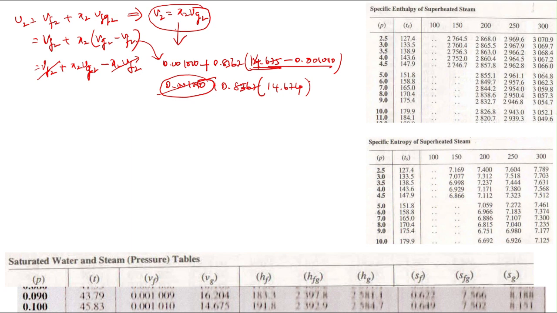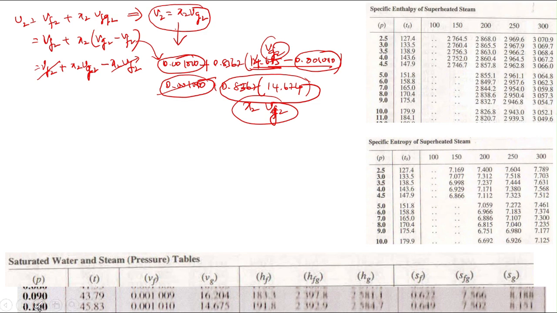So the key value is x2 into Vg2, where Vg2 is 14.67. Vf2 is very low, 0.00 something, so it is negligible. So many studies directly take V2 is equal to x2 into Vg2.